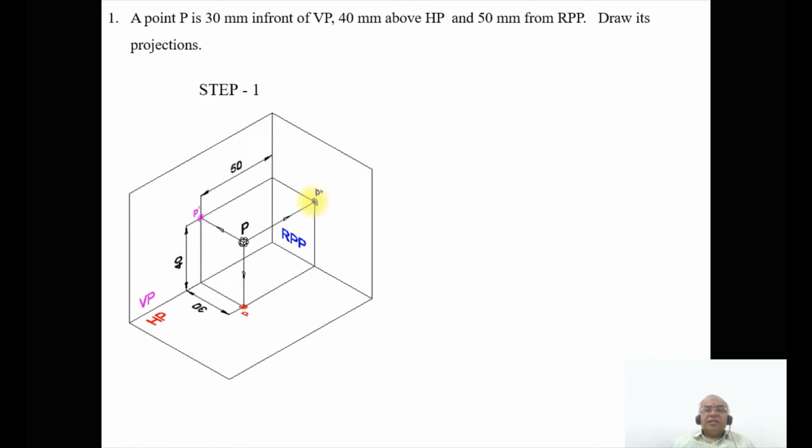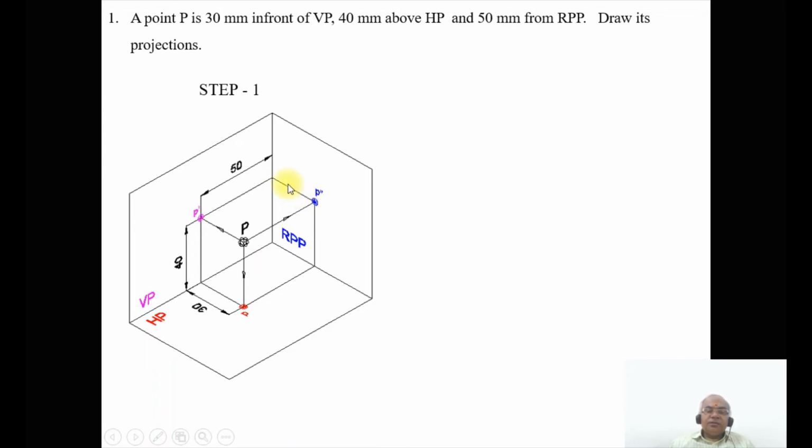As we see the distance with respect to the profile plane, we can see it both in the front view and also in the top view. And when you see from the left side view, I can see the distance above HP. That distance is this one, which will be seen here. And I can also see the distance in front of VP. That distance is seen here.